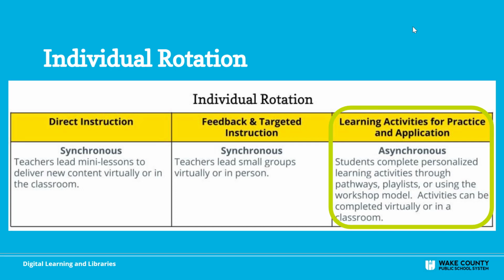It's not that collaboration can't happen with these, but students would have to specifically schedule to work with another student in their own individual rotation. So they may get feedback from another student at some point, or you may plan for their paths to cross in this individual rotation, where students have that choice to go sort of on their own through the activities.